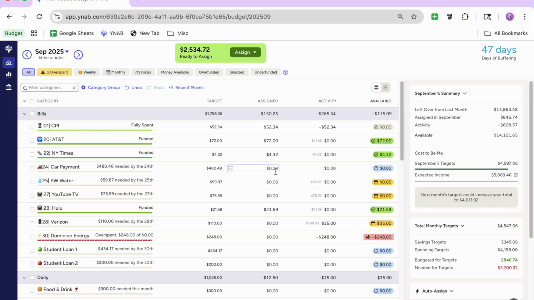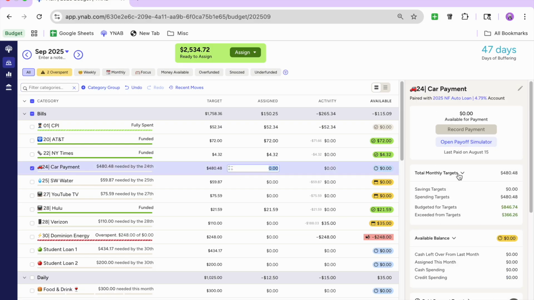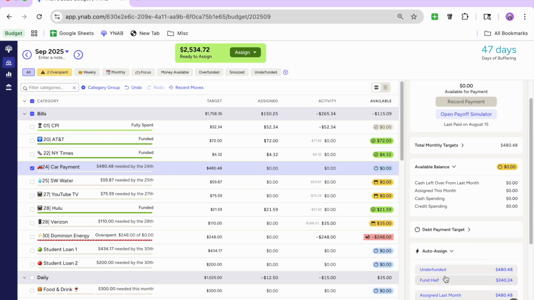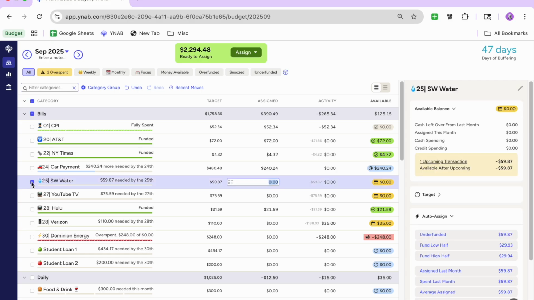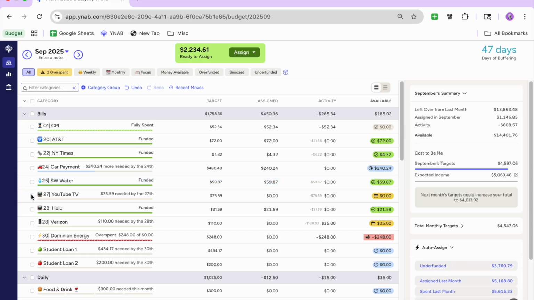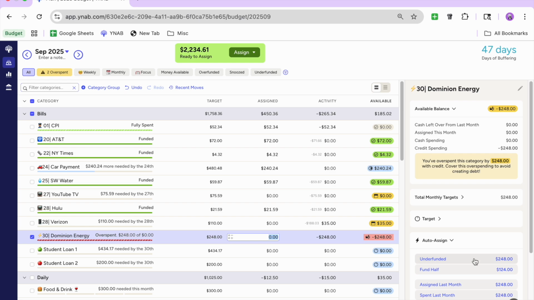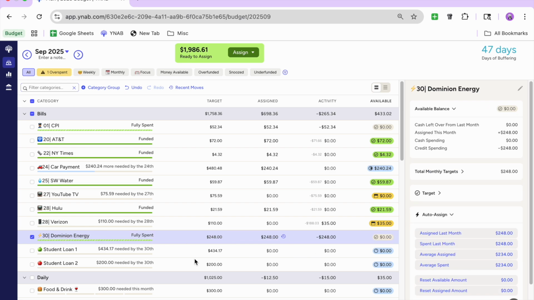I am going to fund half of my car payment. I'm also going to fund all of our water bill. And then I'm going to go down here and fund our light bill so it doesn't show overspent.